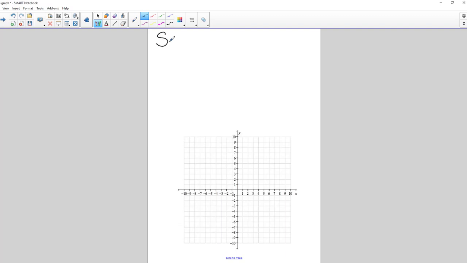The first way we're going to solve systems of two equations is by graphing. Solving systems of two equations using the graphing method.